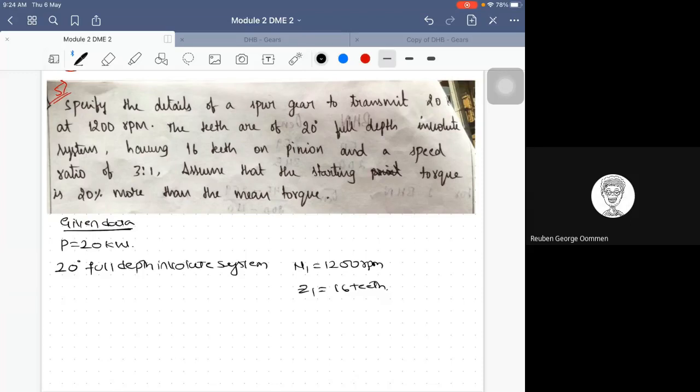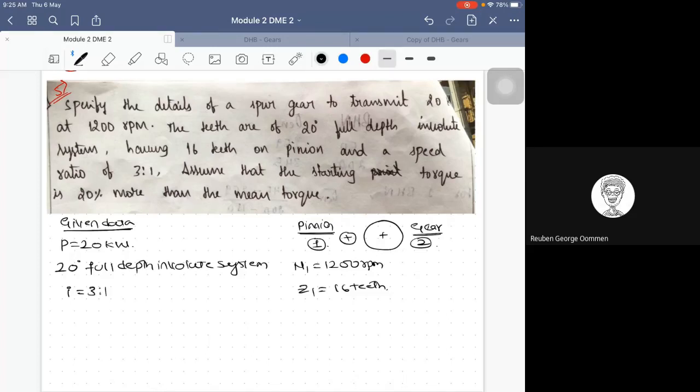This is the pinion and this is the gear. The pinion I will take as 1, and the gear I will take as 2. Now, i is given in the problem: i is a 3:1 speed ratio.